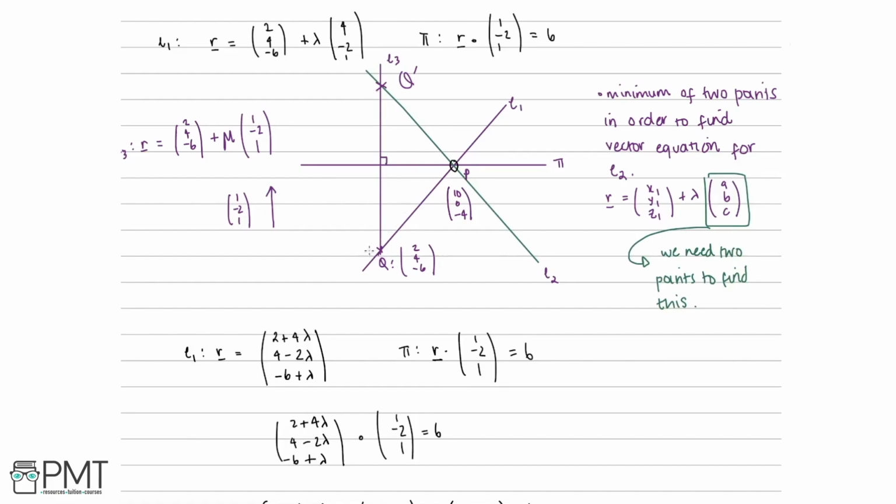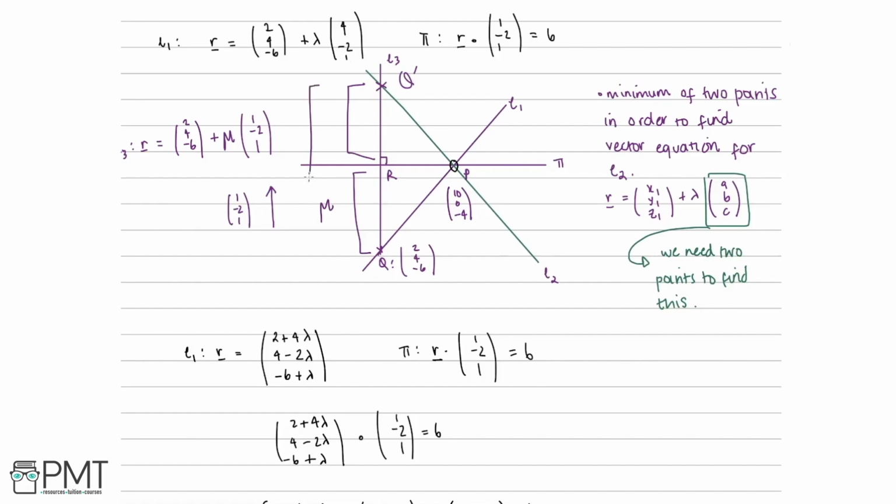Well, you can also note that this length is actually equal to this length over here. So this length from Q to a point on plane pi is equal to the length from the point on plane pi to Q dash, because Q dash is a reflection of Q in the plane pi. And thus, if we find the associated value of mu to get from Q to this point, let's call it R, we can double this associated value of mu in order to get to Q dashed.